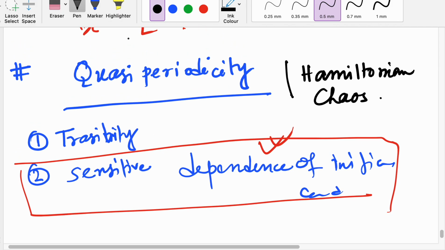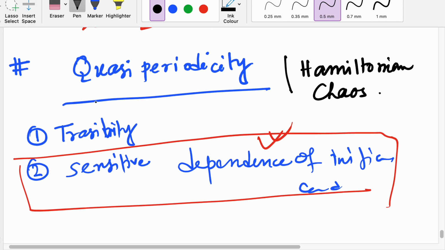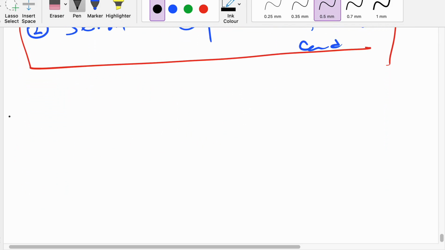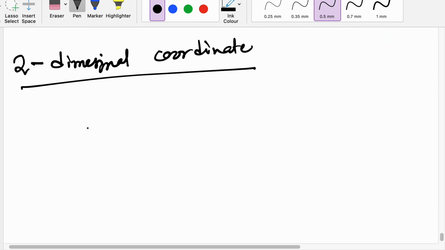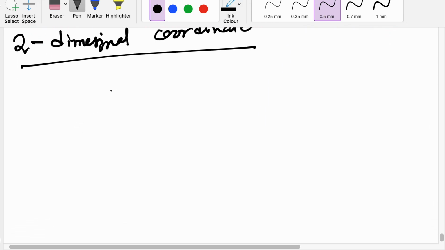To see the quasi-periodicity, we need a two-dimensional coordinate. Suppose we have two coordinates.